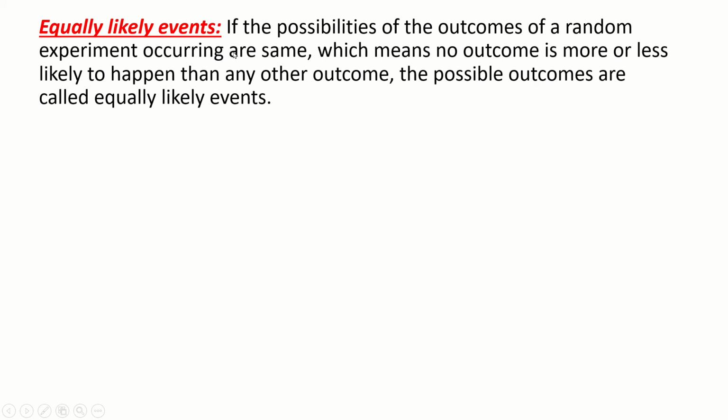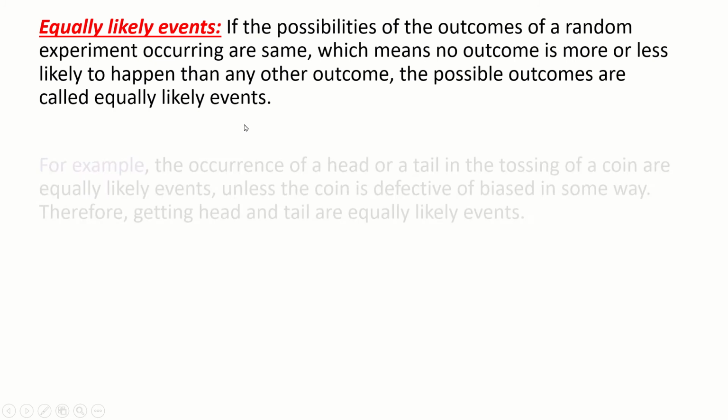Equally likely events. If the possibilities of the outcomes of a random experiment occurring are the same, which means no outcome is more or less likely to happen than any other outcome, the possible outcomes are called equally likely events.